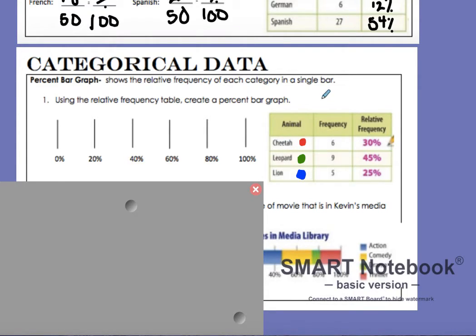So cheetah has to be 30%, and if you notice, it's counting by 20s over here, so we're just going to have to estimate where 30% is going to be. So it's going to be about halfway between 20 and 40. And then leopard, we have 45%. So from 30, we should end around 75. So that's going to be a little past the halfway mark between 60 and 80.